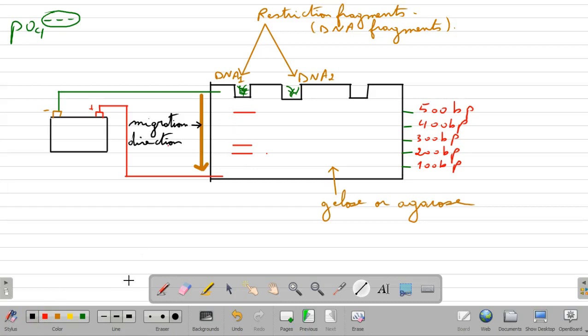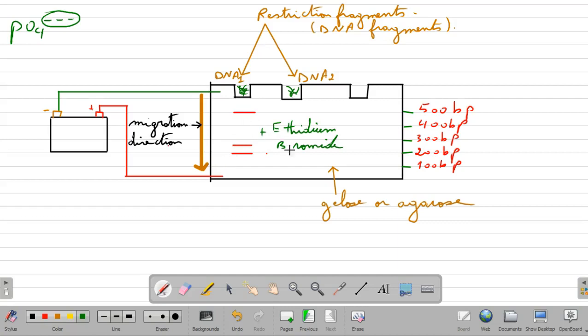First of all, we add to the fragments a substance called ethidium bromide. Once we add it to the gel or to the fragments, they become visible when we expose them to ultraviolet radiation.